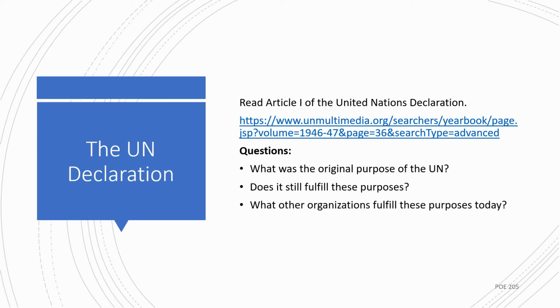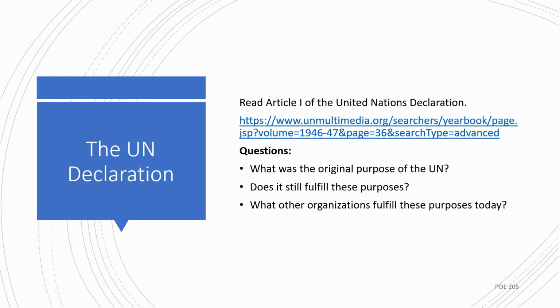We haven't had World War III, but I wouldn't necessarily say that it's the UN that prevented that, but that's a big counterfactual that we can't necessarily know. Has it worked on solving economic, social, cultural issues? Yeah, there's a lot of great work that the UN has done on those particular issues. But what other organizations are fulfilling these purposes?